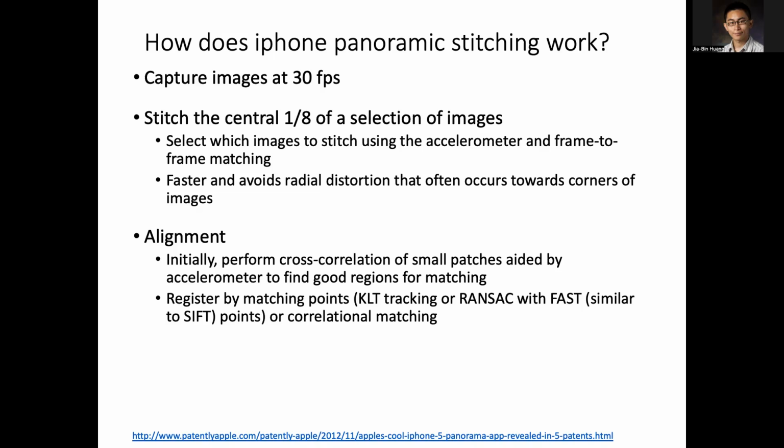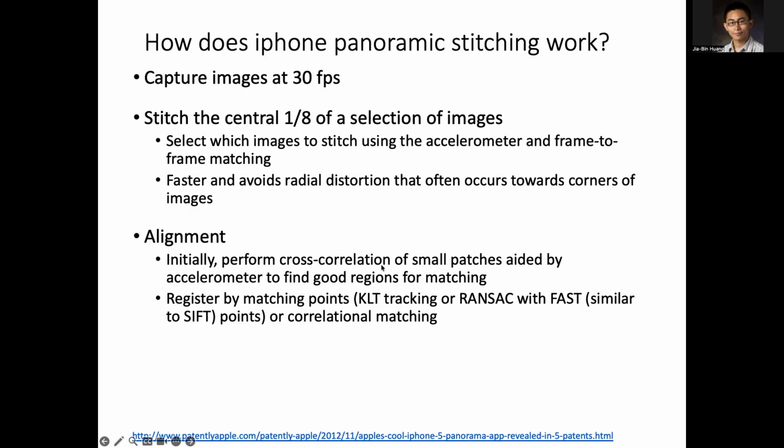Basically they have a gyro, so they understand the acceleration in terms of rotation, and it's built in. So you can use that signal to help you find the matches. Initially it gives you a pretty good initialization to find the match.